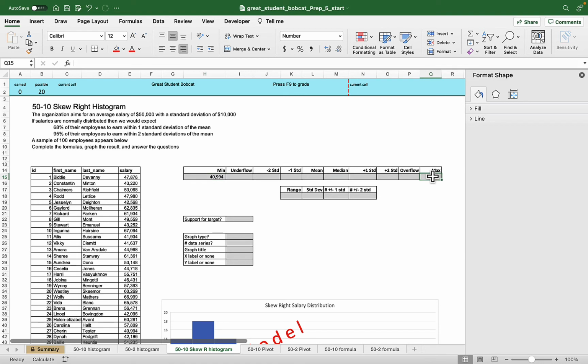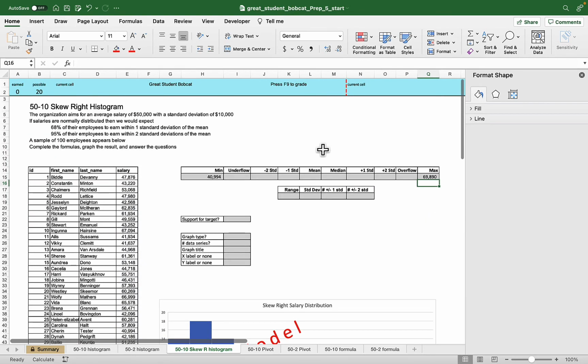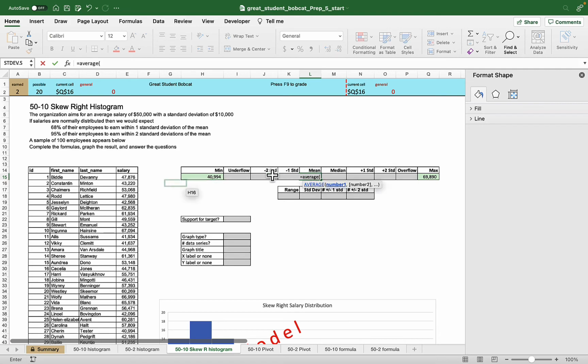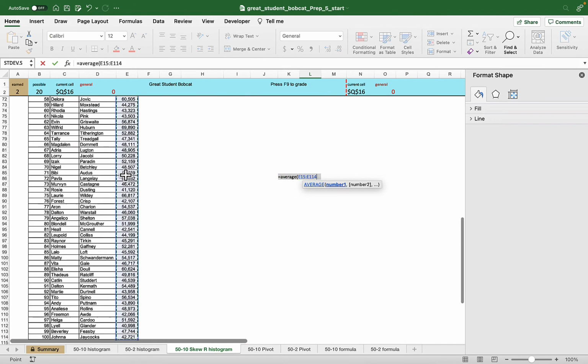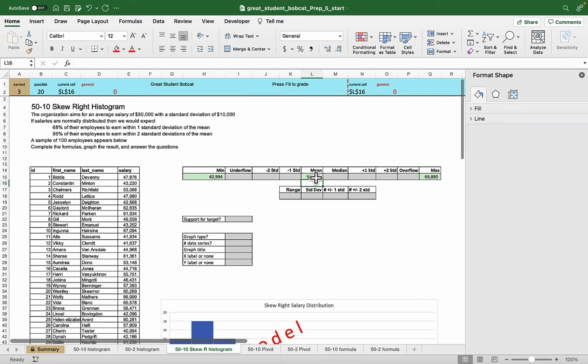And the max. Okay, the mean. So the mean's about the same. We're still at around 50,000.